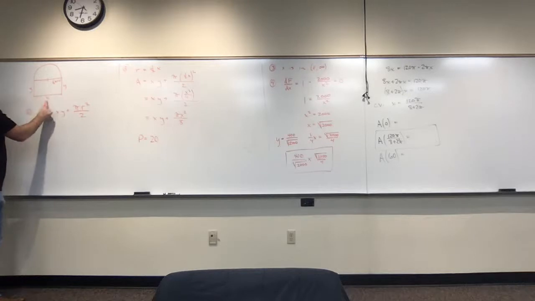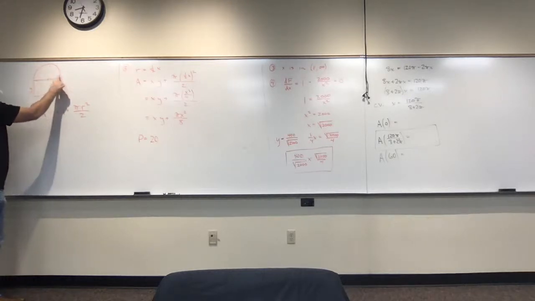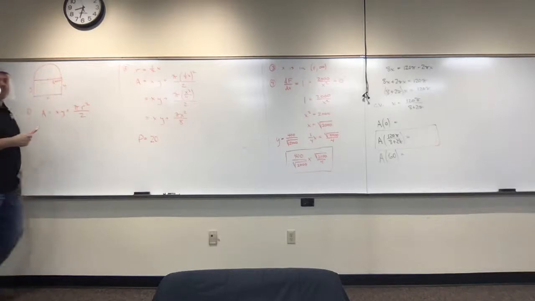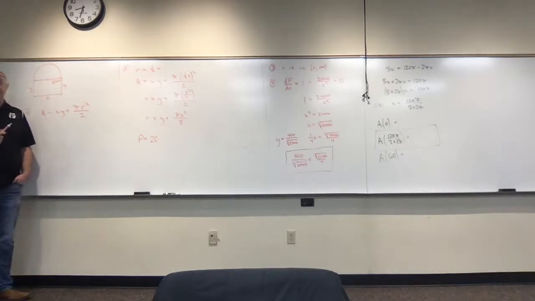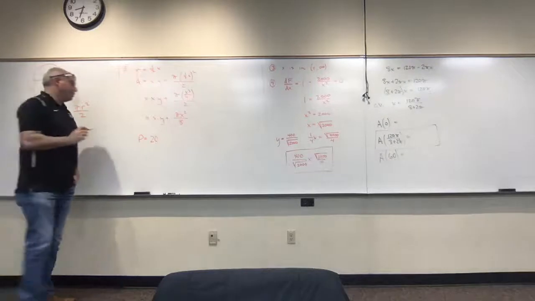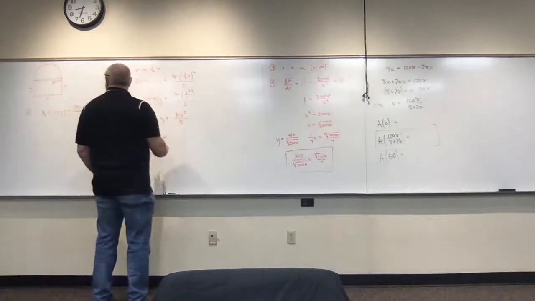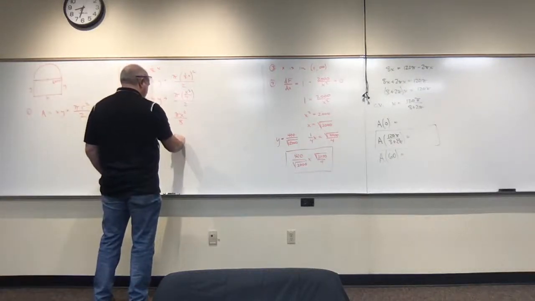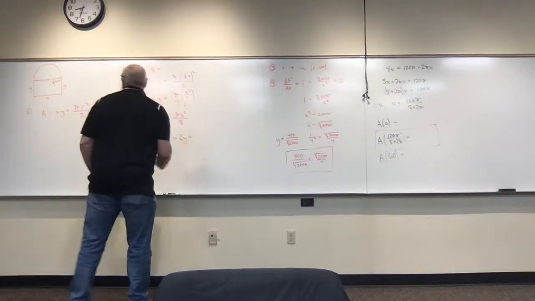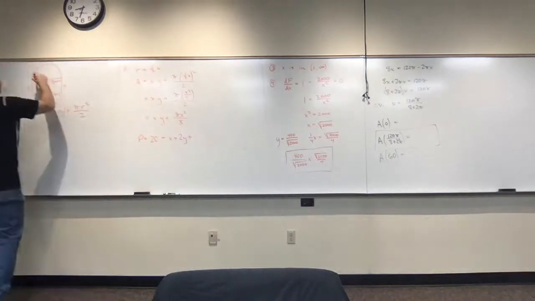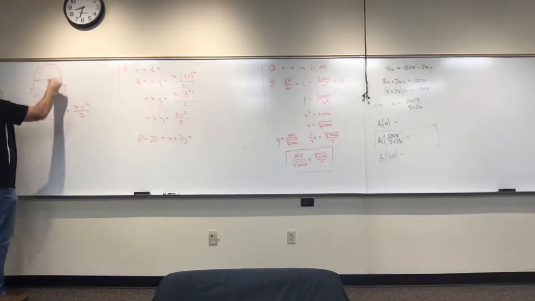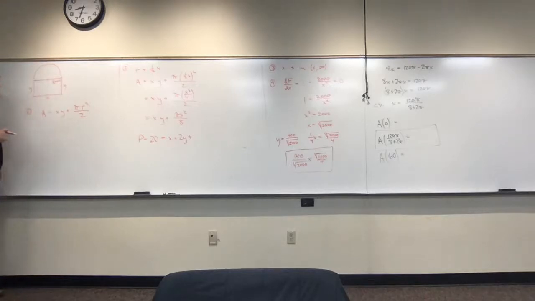So it's x plus y plus y plus half of the circumference of the circle, right? So 20 is equal to x plus 2y's plus, what is the circumference of the circle? And then we need to divide it by 2. It's 2 pi r, correct? Then divide by 2.